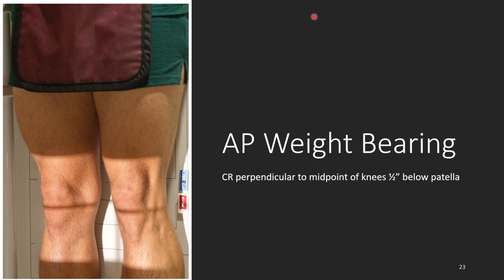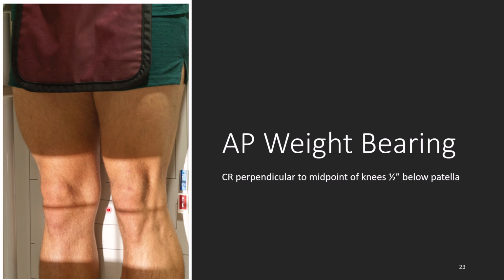So typically this is done AP bilateral weight bearing, and if so, then the central ray typically is not angled, and you are centered 1/2 inch distal to the apex, midway between both knees. Notice they've got the marker here and an arrow to say that it was done upright.